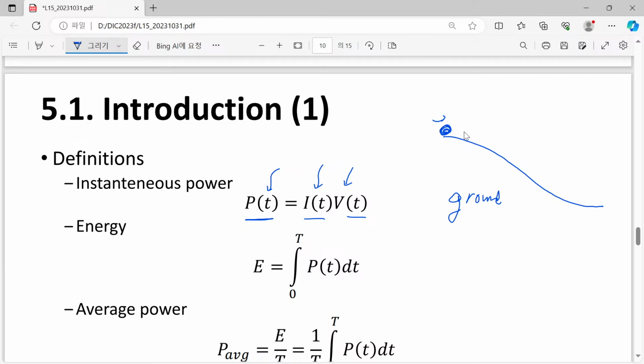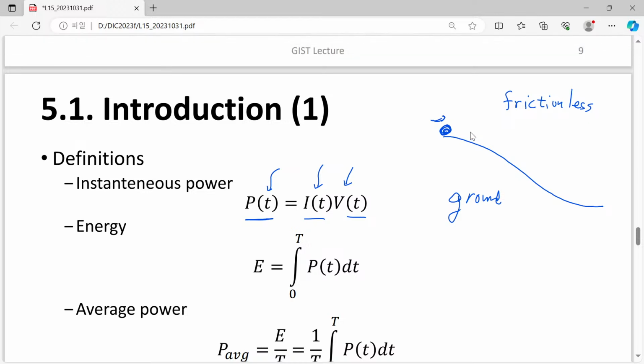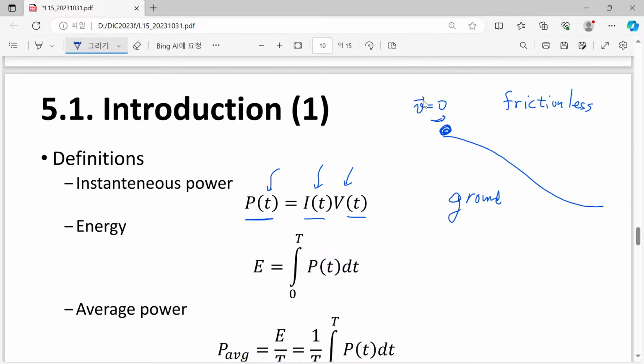Then everybody understands. In the frictionless case, what will happen? Here we have a ball, and you just slightly, smoothly kick it. So the initial velocity is quite low, close to 0.